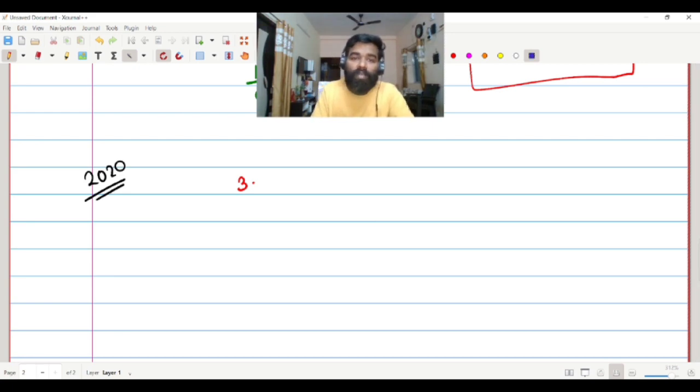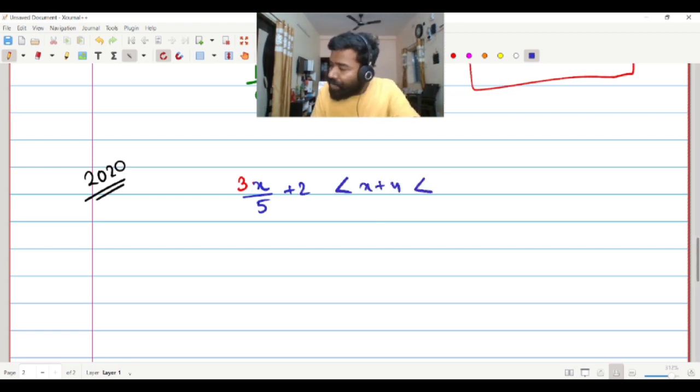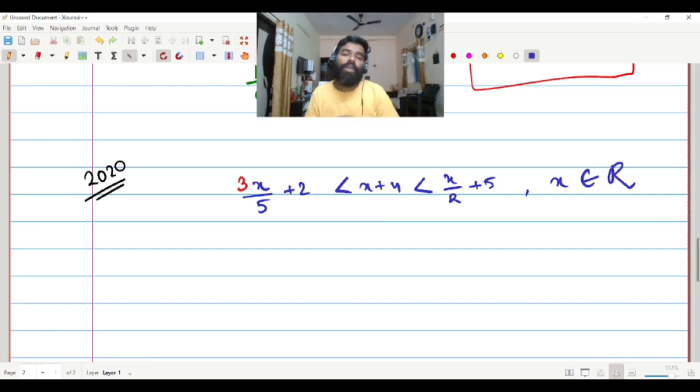It's an important one. So I'll write this question: 3x by 5 plus 2 is less than x plus 4, and then x by 2 plus 5, and x belongs to the real numbers. At last, after simplification, we need to plot this on a number line.